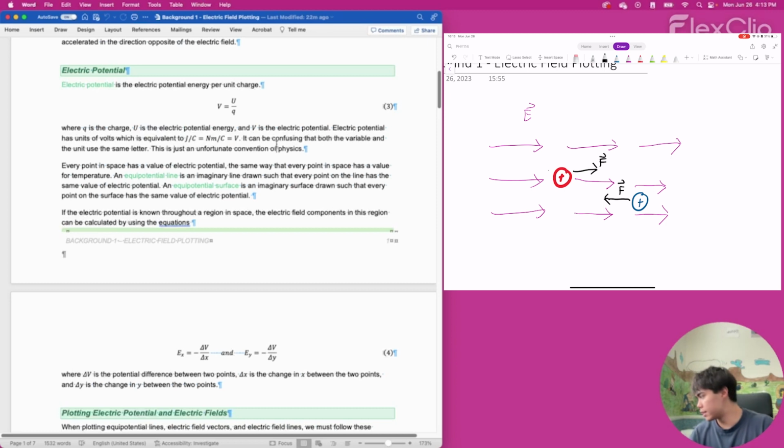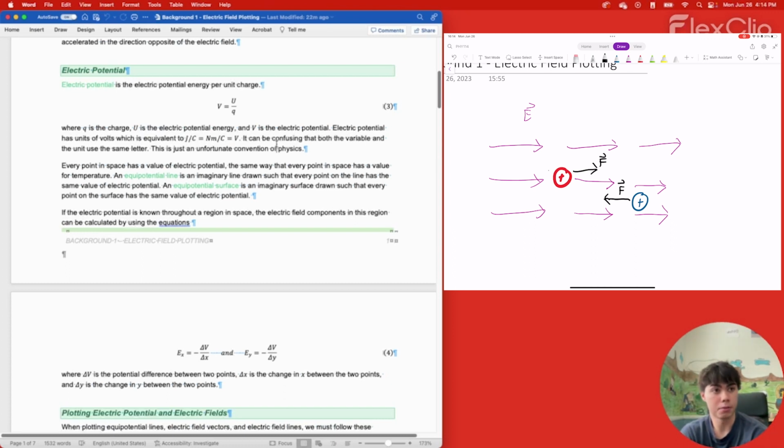If the temperature is the exact same on this entire candy pack, then we'll call this an equipotential surface, because it's a surface, not a line. If you've ever learned isotherms, those are just lines of equal temperature. It's the same thing, just equal electric potential instead of temperature.